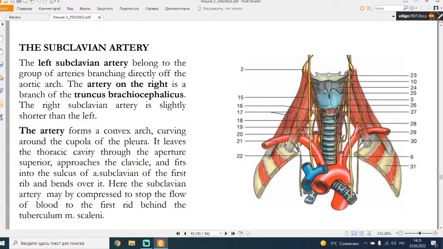Subclavian artery. What you see, subclavian artery? The left subclavian artery and right subclavian artery. The left subclavian artery belongs to the group of arterial branches directly off the aortic arch.